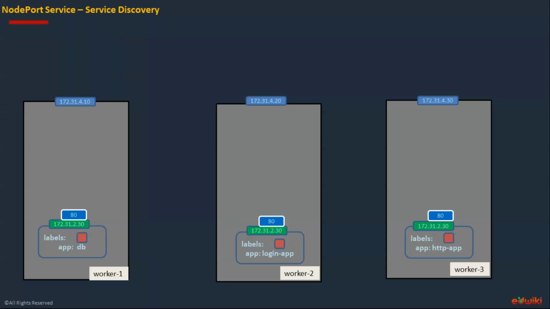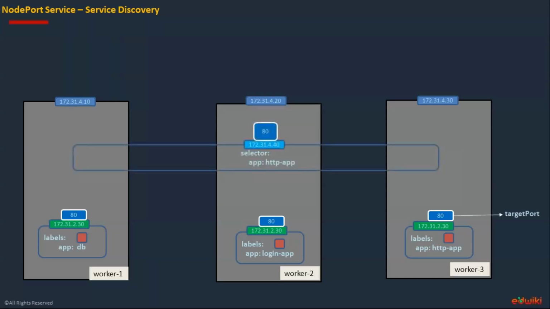You are not worried about it, because irrespective of the worker node where the pod is running, your application will be accessible using the service that you deploy. And to the service, you need to tell the label it has to look for in service discovery, right? In general, each application should have its own service, and you define the label and the selector concept. That's how each service is responsible for discovering the pods matching the label to do the traffic routing, right? Good.